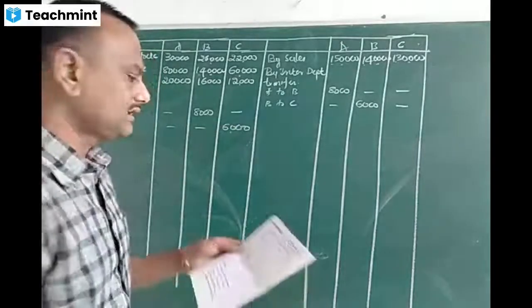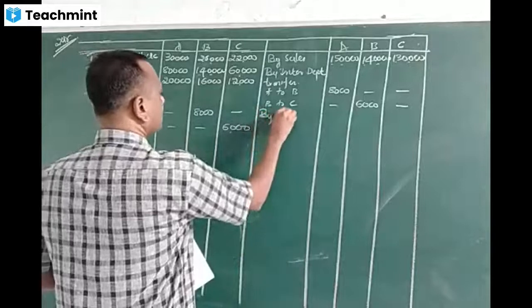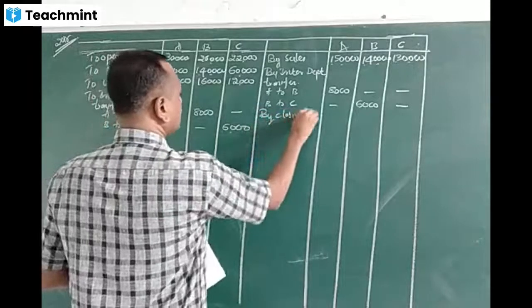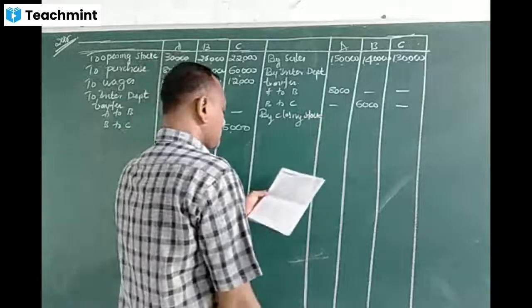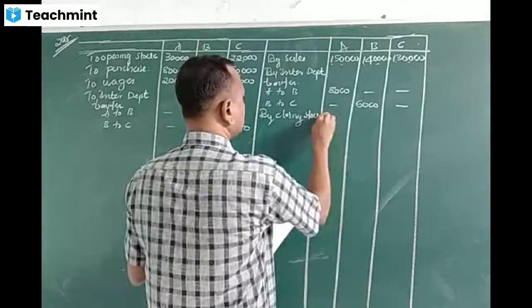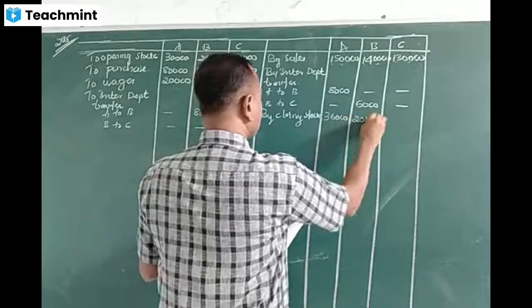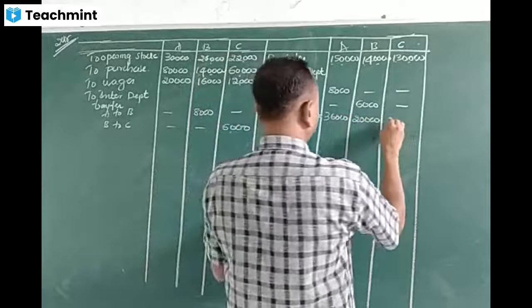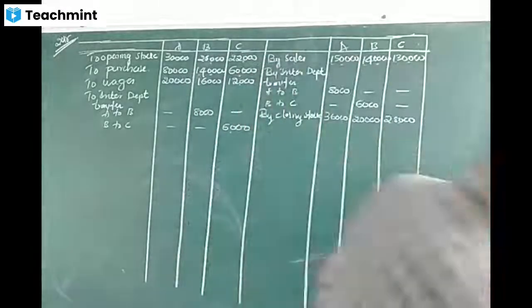So after that, by closing stock, we have to enter closing stock. The closing stock is 36,000, 20,000 and 28,000.